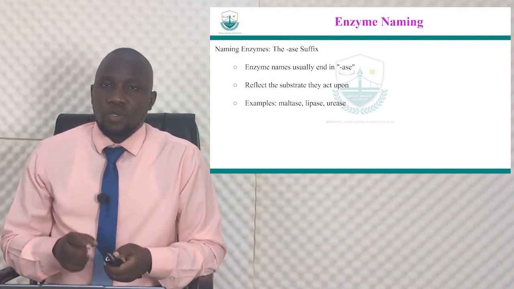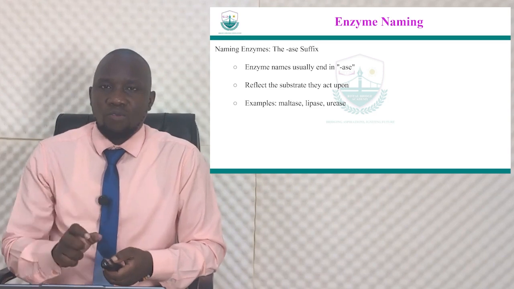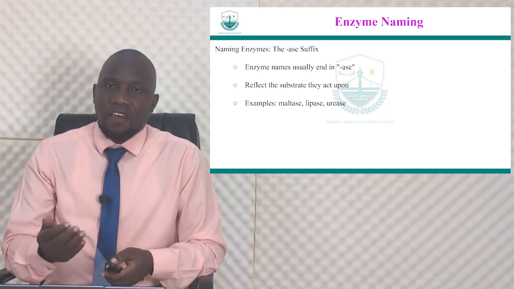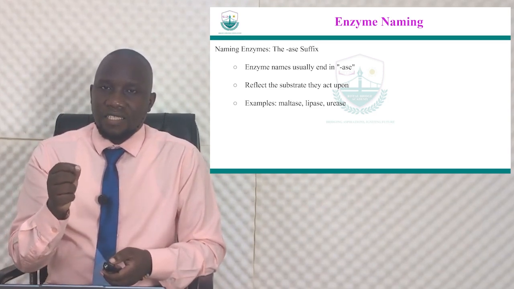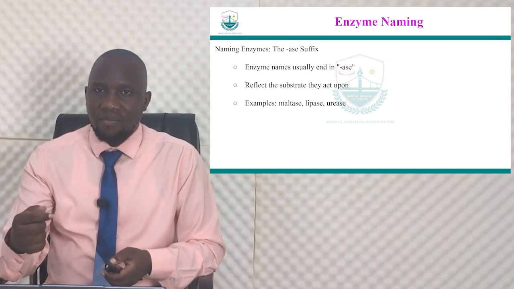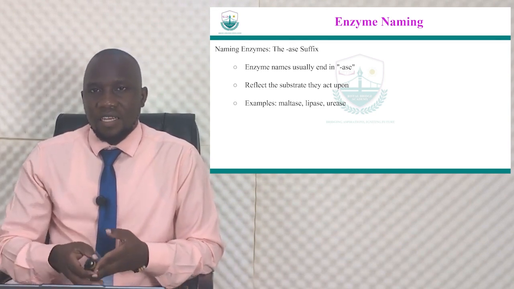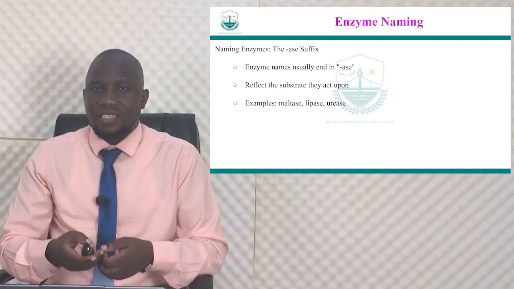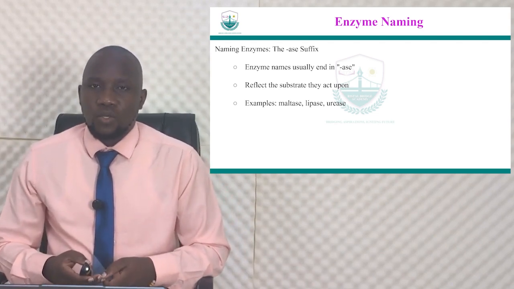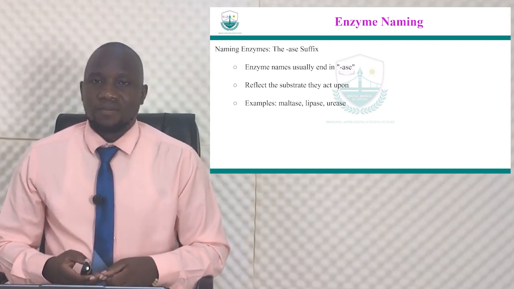Okay, so usually, if you look at the name of the enzyme, the suffix ASE tells us that it's an enzyme, and then the name may suggest which substrate it actually acts on.